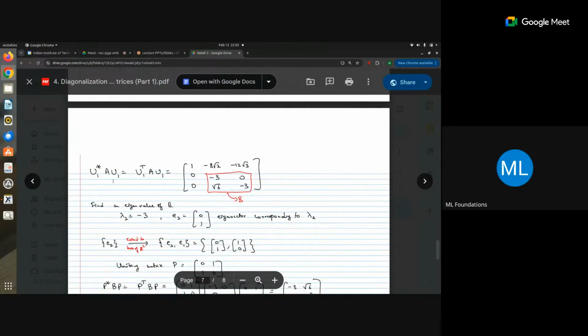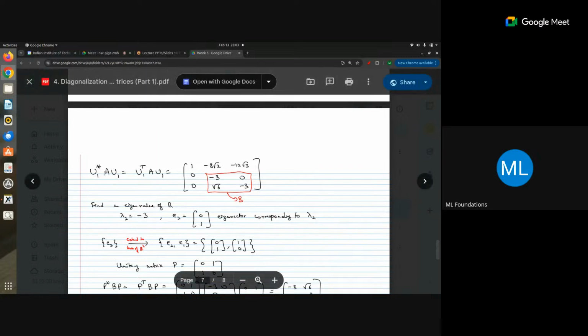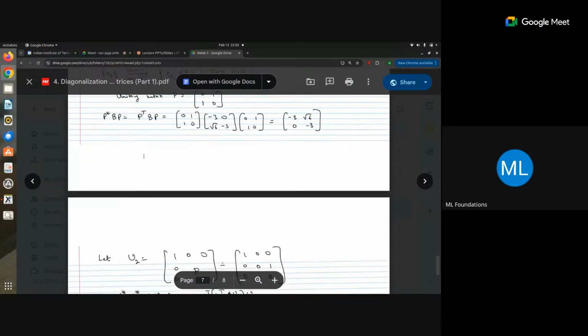You have to find U2 such that if I multiply it with U1 star A U1, I should get the upper triangular matrix.